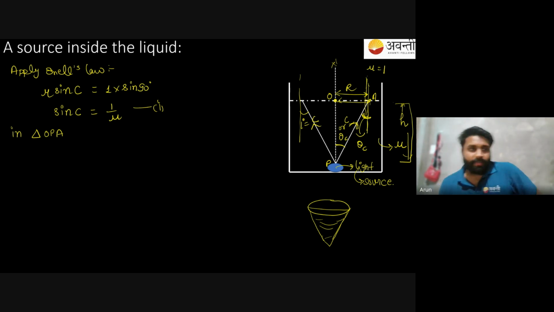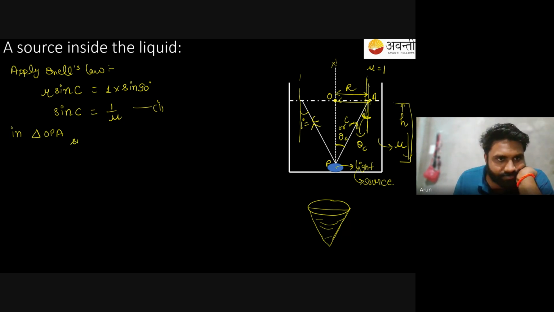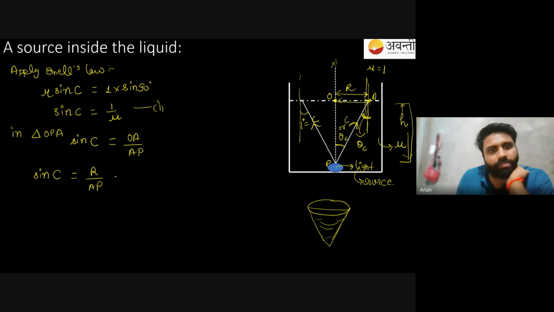So if I apply sine c in this triangle OPA, what will be the value? It will be the perpendicular OA, which is r, divided by the hypotenuse, which is AP. So sine C equals r over AP.